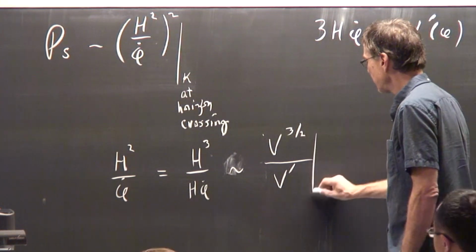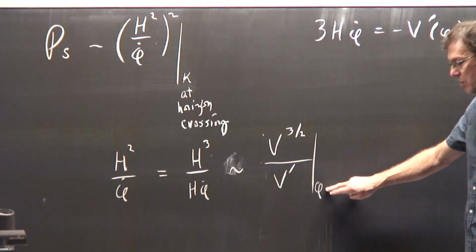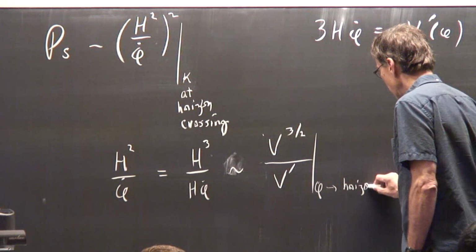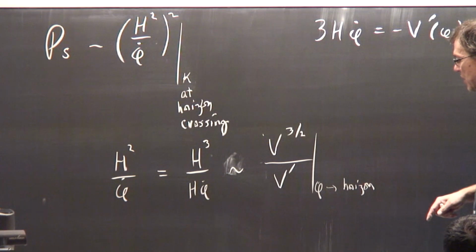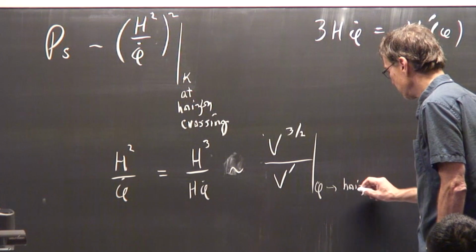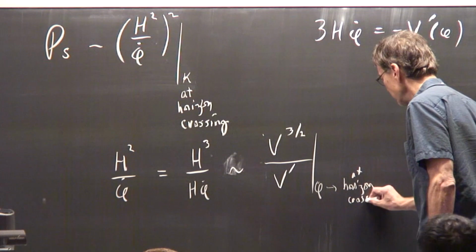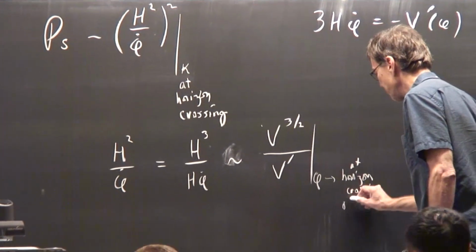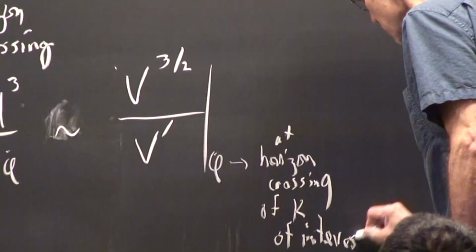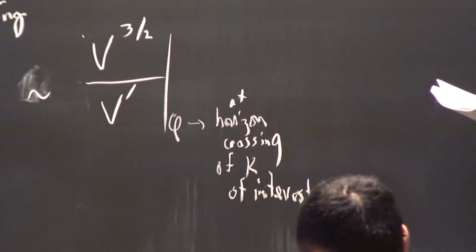And we have to evaluate that at the value of the scalar field corresponding to when, if we want to know this at a certain k, we need to find the value of phi when that k executed horizon crossing. So that's the horizon crossing of the relevant k. And so we'll see how to do that in an explicit example.